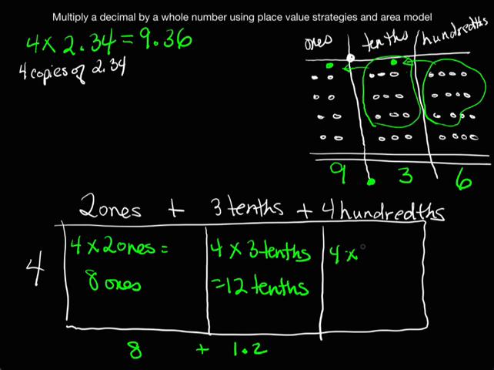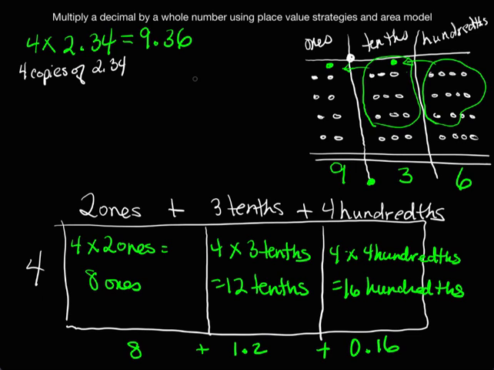And 4 times 3/100 is 12/100. We'll add that to our other numbers we've already multiplied together.